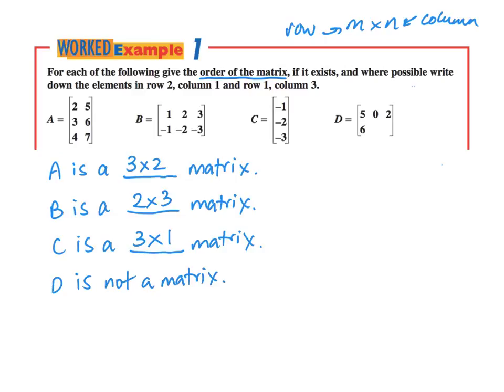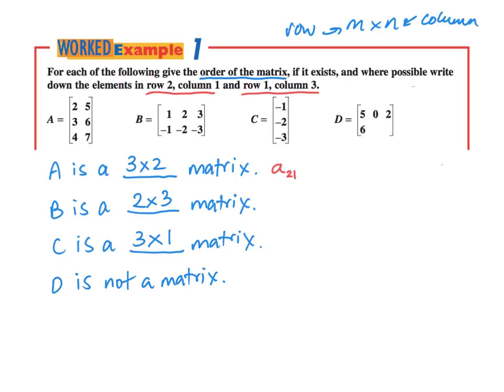Okay, so the second part of our question says, where possible, write down the elements in row 2, column 1 and row 1, column 3. So the way we write these elements down is, if we take the first one for example, we would say lowercase a, row 2, which is the first subscript number, and the second subscript number refers to the column, so row 2, column 1 here.